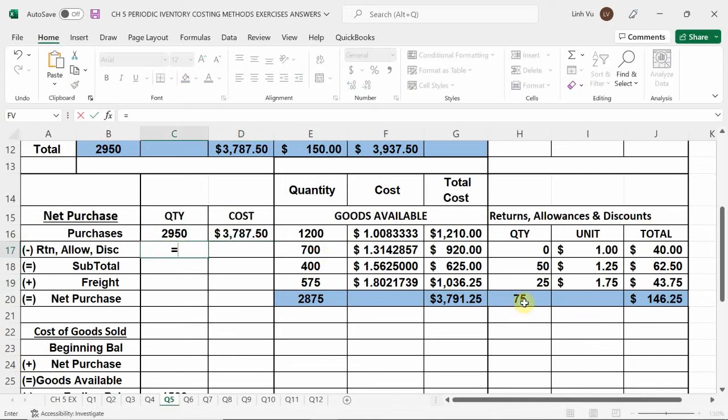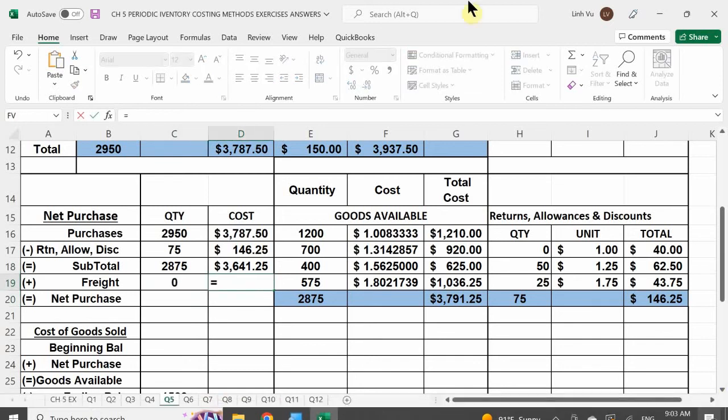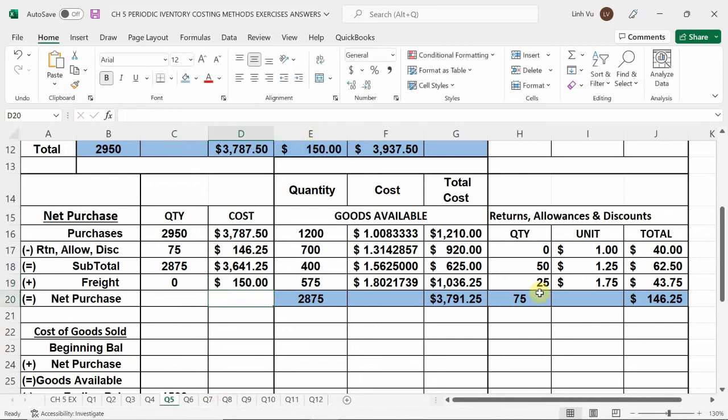We ended up returning 75 units at a total cost of $146.25. So our formula for the subtotal is you're going to subtract these two numbers, because returns and allowances reduce your purchases. So in this case, I now have 2875 at a new subtotal of $3,641.25. Freight adds 0 to quantity, but it adds to the total cost.